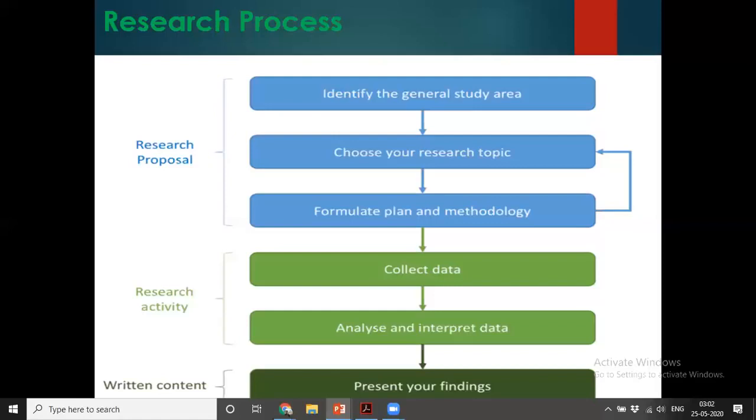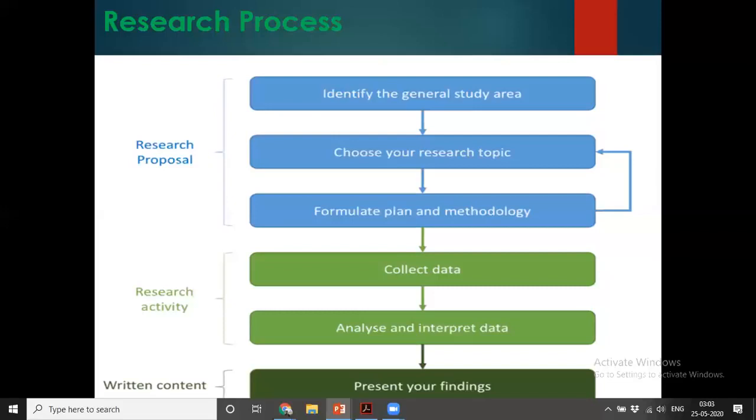Just to give one example, if you change one variable, the other variable changes. Why is this change happening, why is this variable changing in the opposite direction or in the same direction? You have to give the answer. That comes under the analysis and interpretation of data. Then, at the end, present your findings.